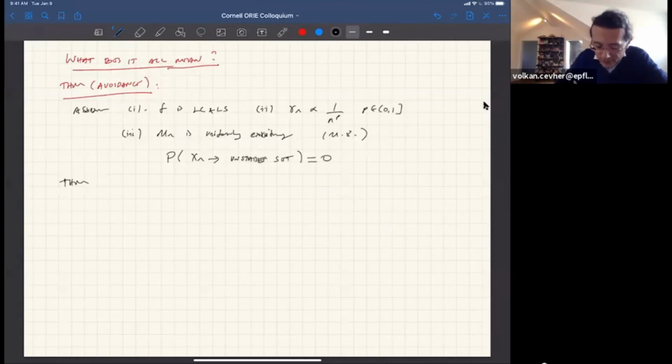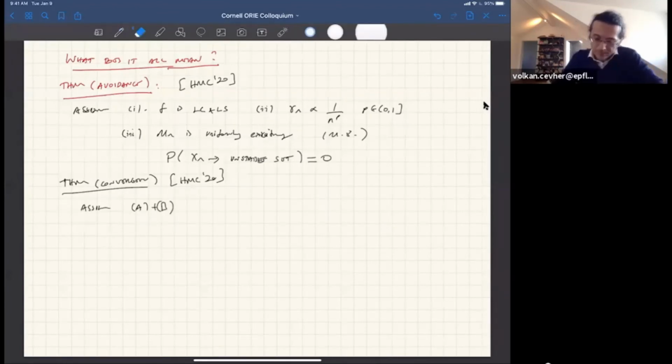Right, so convergence. So this is HMC 20. Now we're going to assume A plus B. If you remember, this A had Lipschitz continuity, Lipschitz smoothness, and weak coercivity. And B was this summability condition, which you can replace with step size conditions, okay?